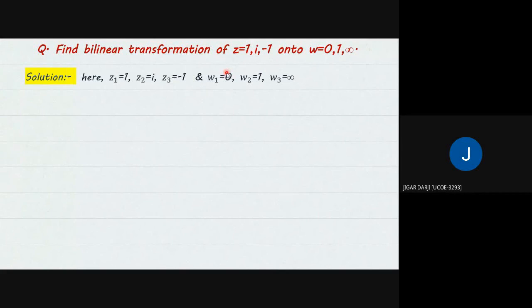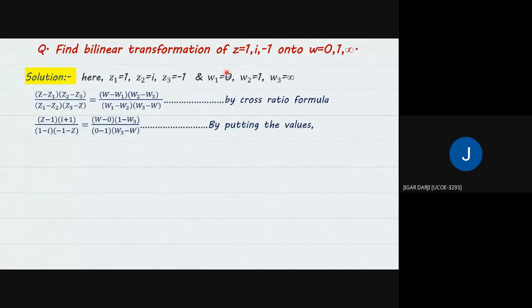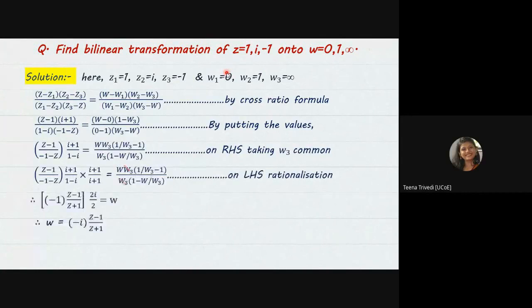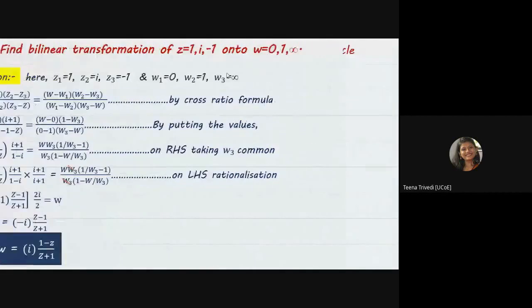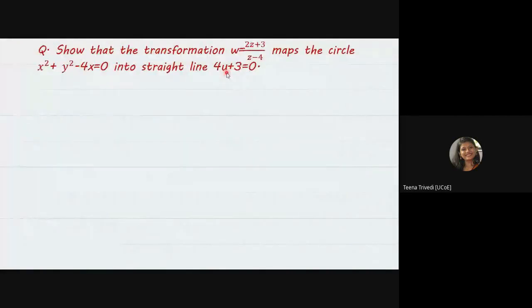Can we skip this question? Which one, ma'am, this one? Can we skip this question and move forward? Yes. The next sum will be explained by my friend Nikunj Rupawade. Nikunj, we can't hear you.